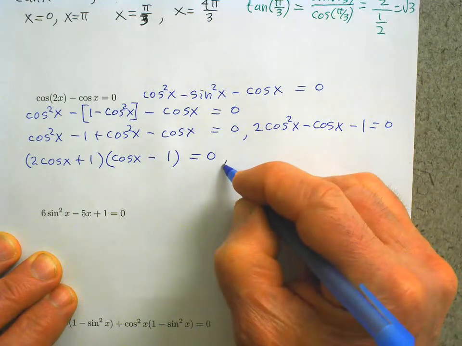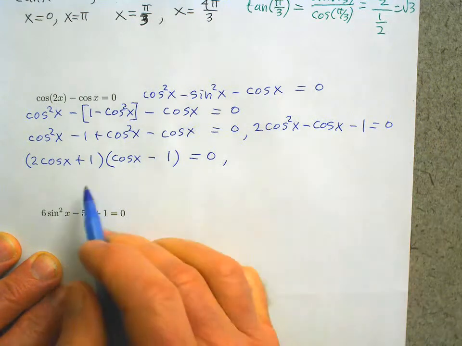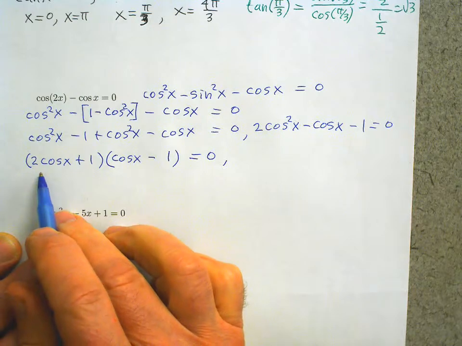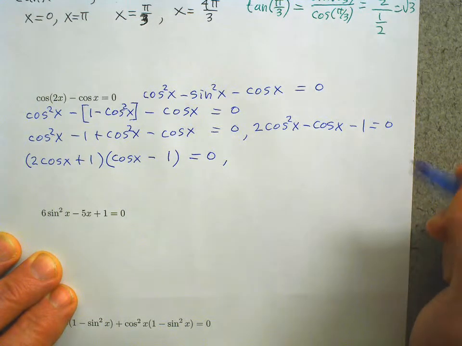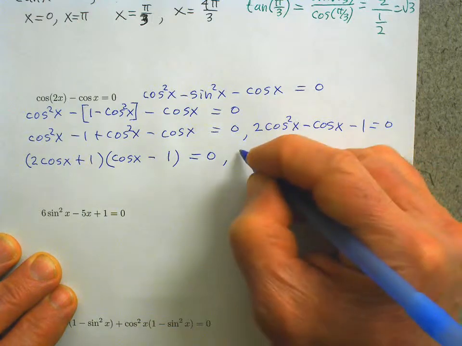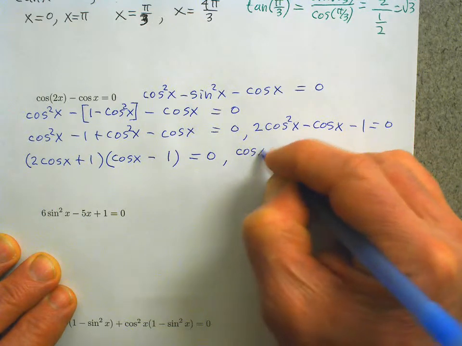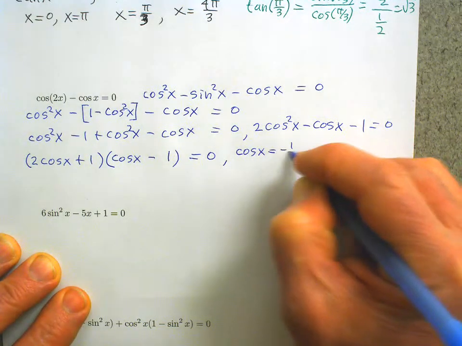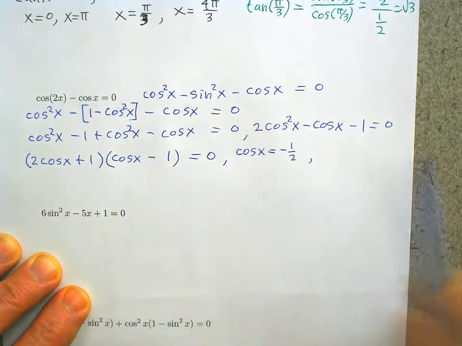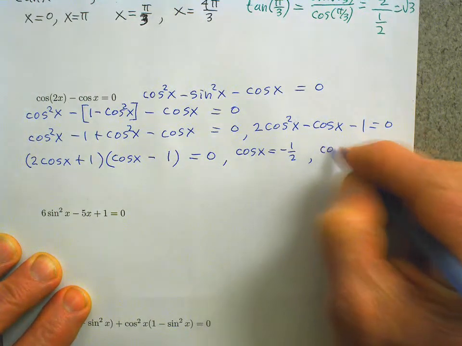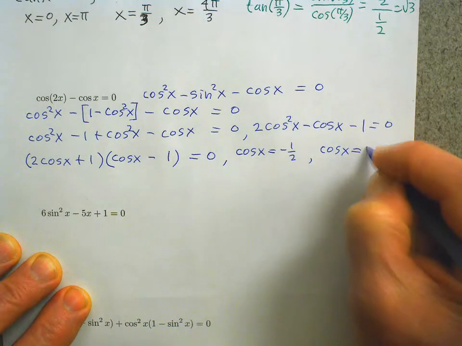Okay, so set each factor equal to 0. 2 times cosine of x plus 1, set that equal to 0. Then subtract 1 and divide both sides by 2. We get cosine of x equals negative 1/2. And then cosine of x minus 1 equals 0 means cosine of x equals 1.